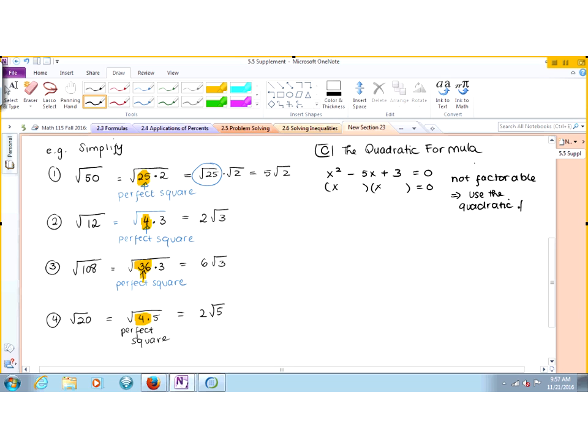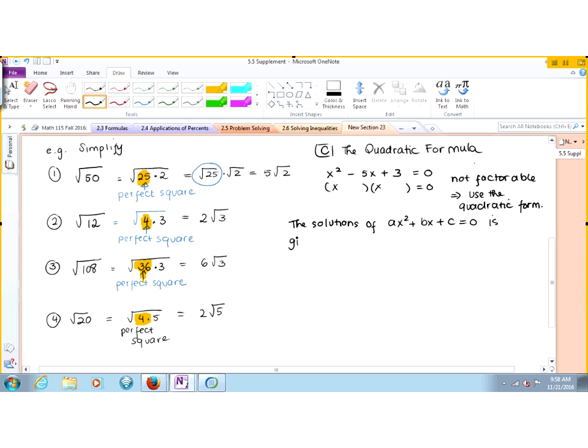So what is the quadratic formula? All right, this is the formula. The solution of ax squared plus bx plus c equals 0. So this is the standard form. Make sure before we use the quadratic formula, everything is in standard form.